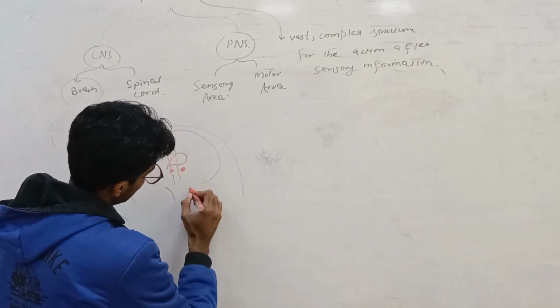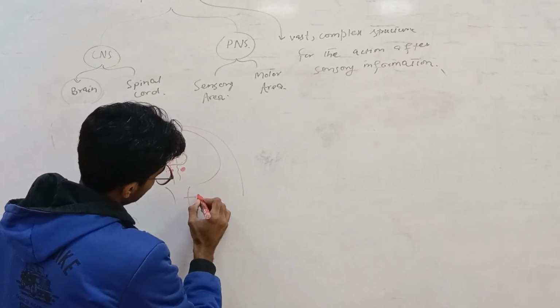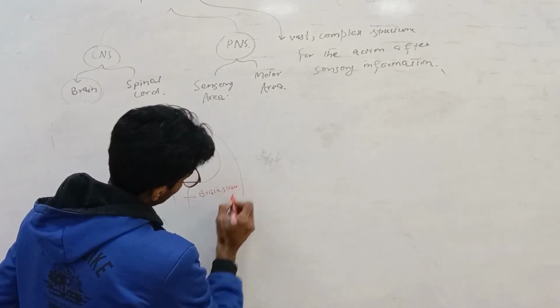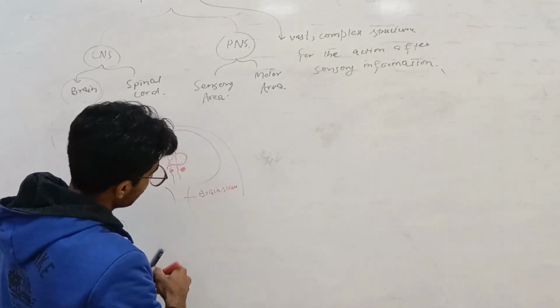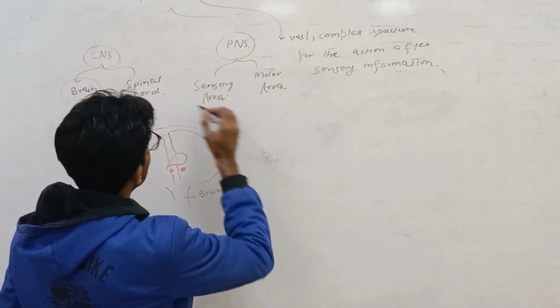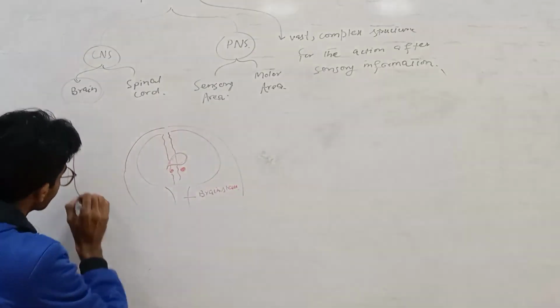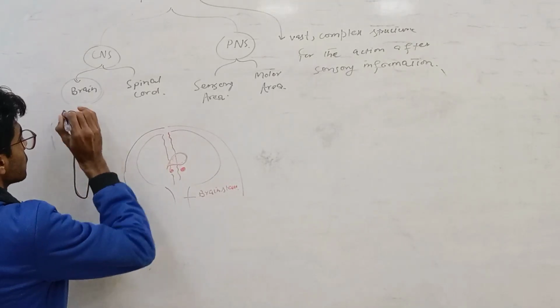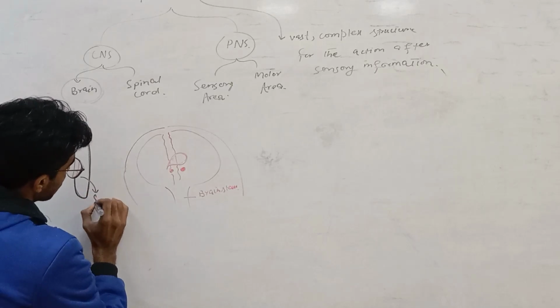After that, here is the brain stem, that part of the brain. After the brain stem comes the spinal cord. This spinal cord has neurons and also has spinal fluid.